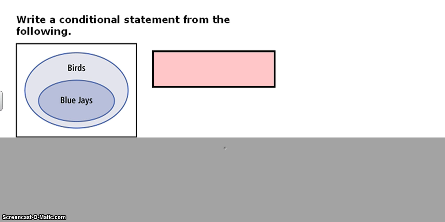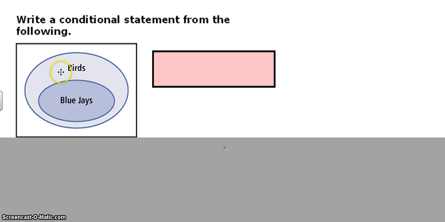Okay, let's look at this Venn diagram and see if you can make a conditional statement from the following. We see blue jays and we see birds. So the question is, which one of these is the hypothesis and the conclusion? If you forgot what was on that Venn diagram, that's okay. We can just logically walk through this. The question would be, if it is a bird, then it is a blue jay, or is it, if it is a blue jay, then it is a bird?